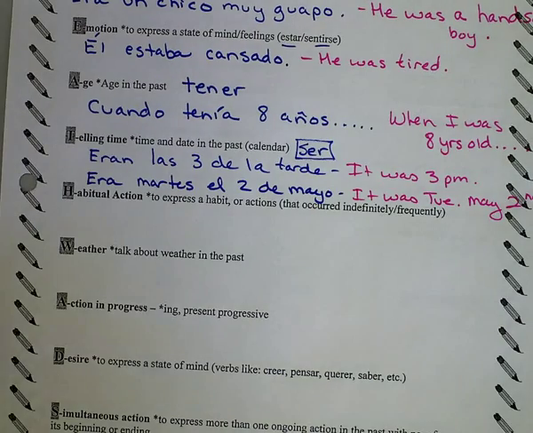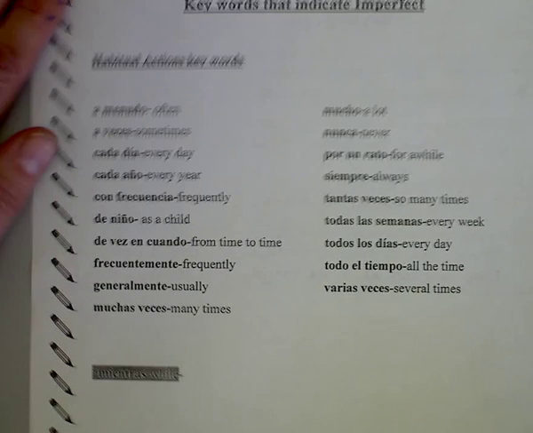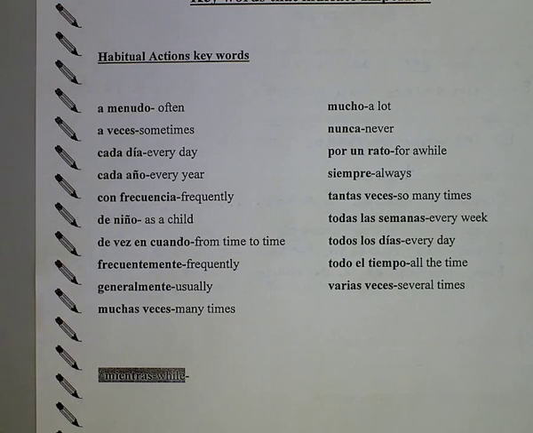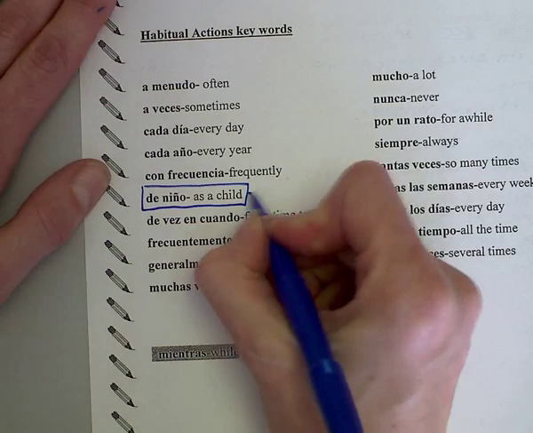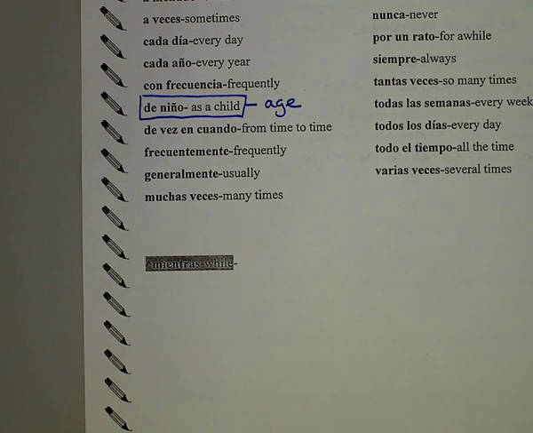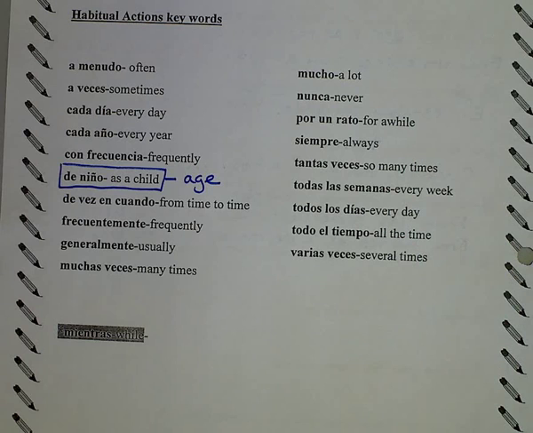So if you flip this lovely paper over, you ready? These are all habitual action keywords. The only one that is not is de niño, which we would indicate for age. And then I pulled the other one out, which is mientras, which is while. But all of these others, and since you have already studied the preterite keywords, and now you will have the imperfect keywords, 50% of what you need to know for these two verb tenses will be knowing what these words indicate.